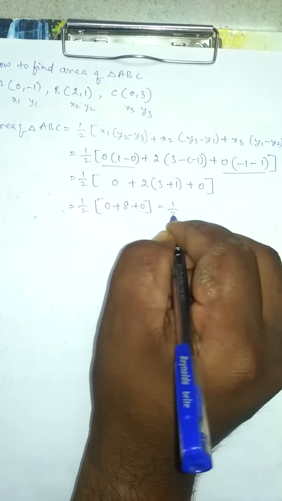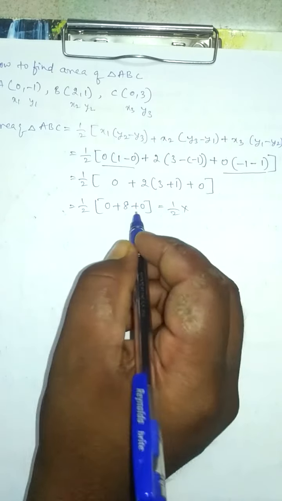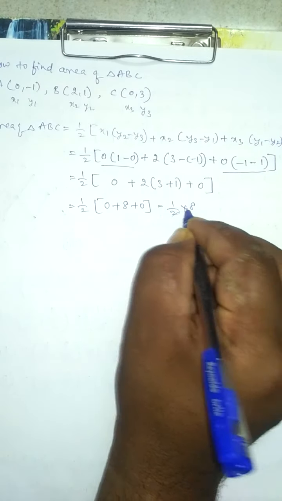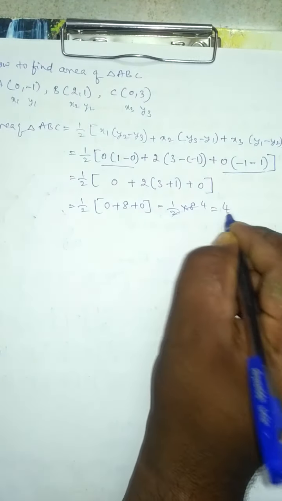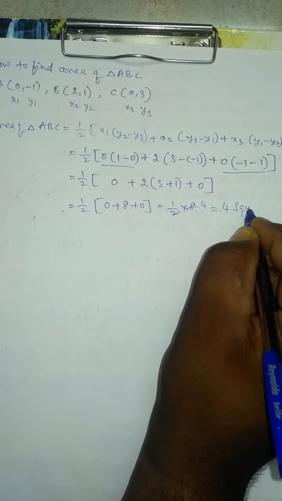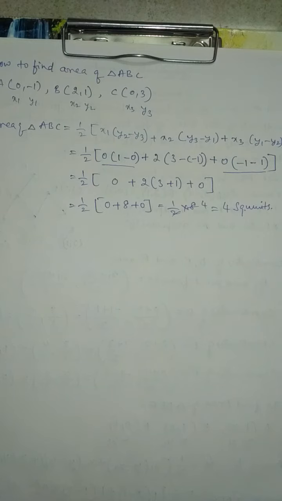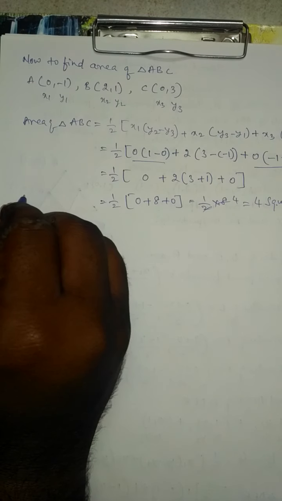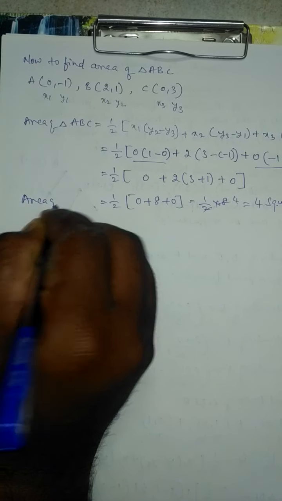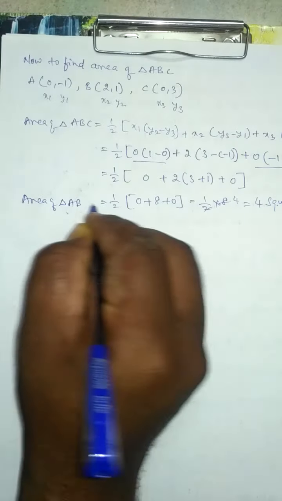So half into 0 plus 8 plus 0, that is 8. 2 1s are 2, 2 4s are 8. So this is 4 square units. So this is the area of triangle ABC.